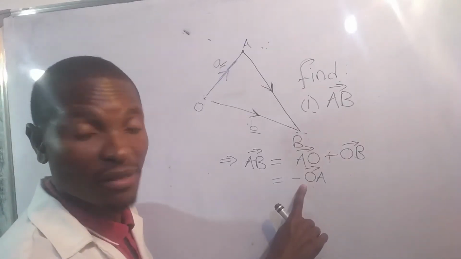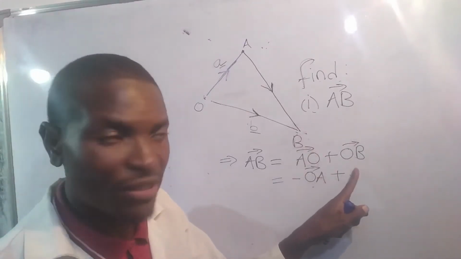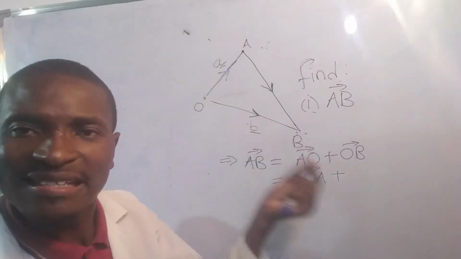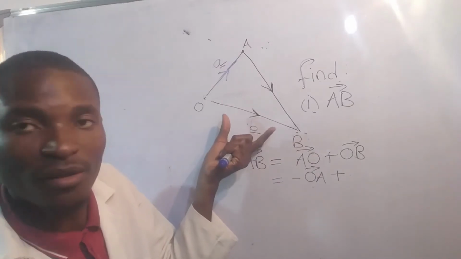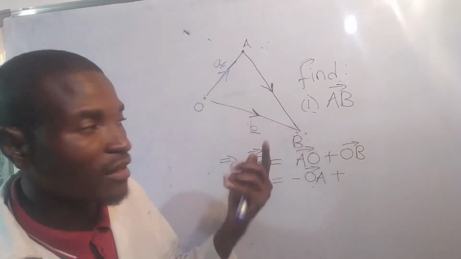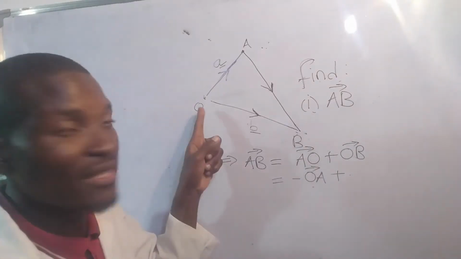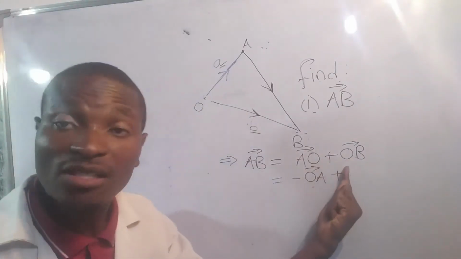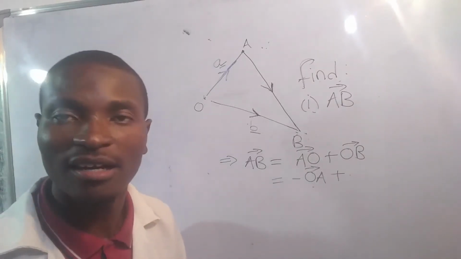And this is what we have done. Plus, when you look at OB and compare it with the original in the diagram, you'll discover that we have not moved against each other. There is OB and then there is OB there. So there is nothing to change in this circumstance.